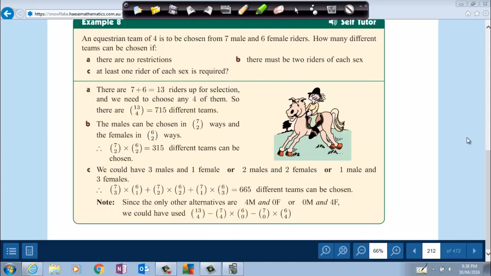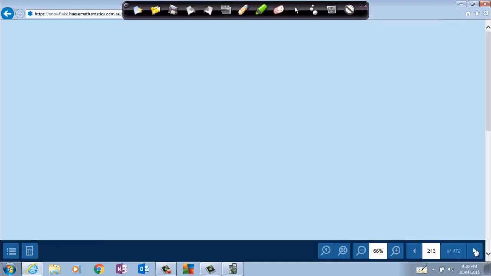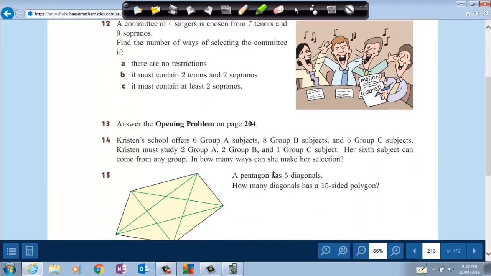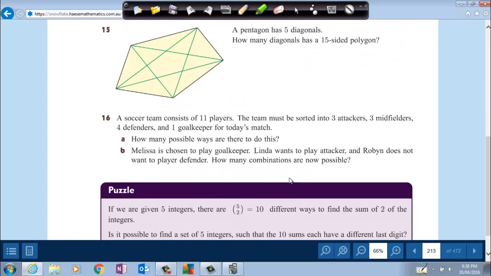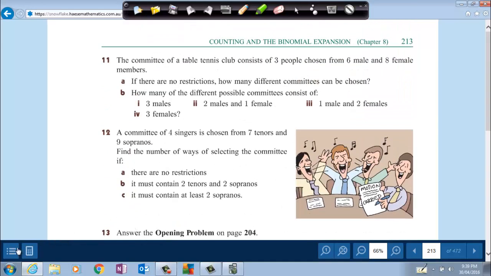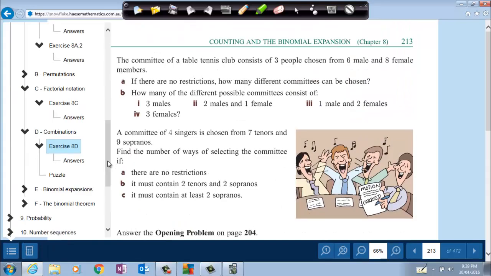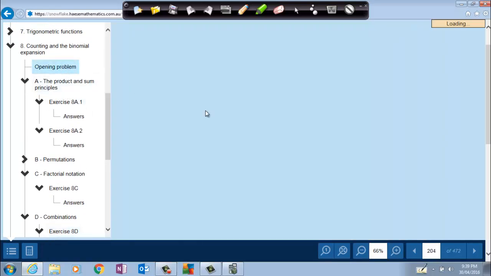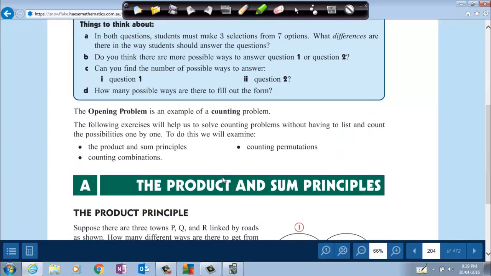Okay, so the next set of questions is 11, 12, 13, 14, 15, 16. 13 is asking you to go back to the opening problem on page 204, and that one is, if I go back to the opening problem, which is this one here.